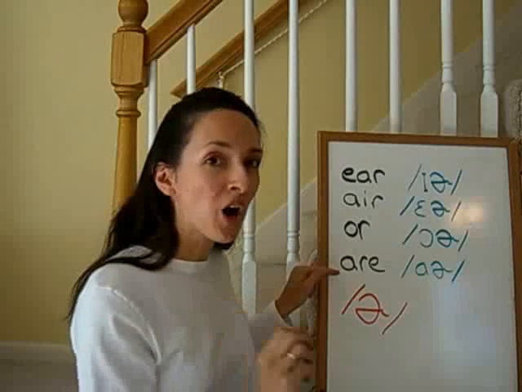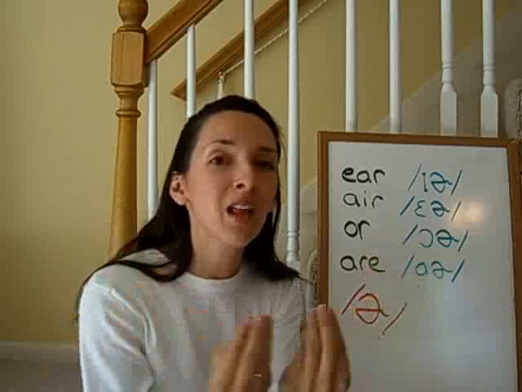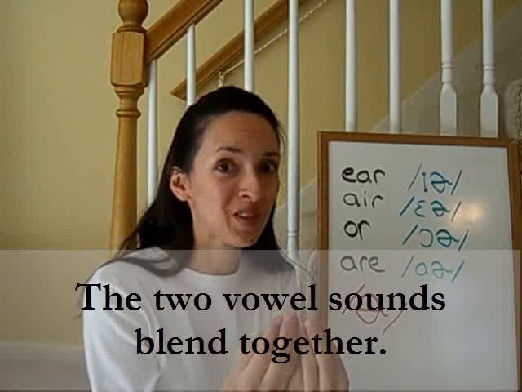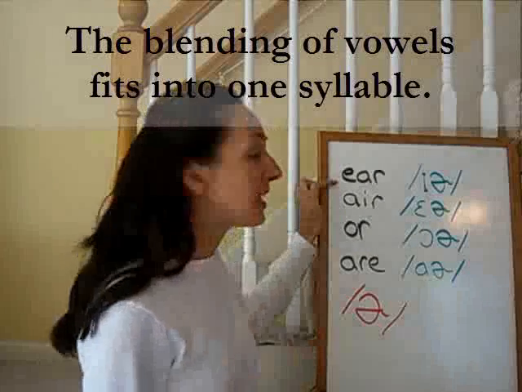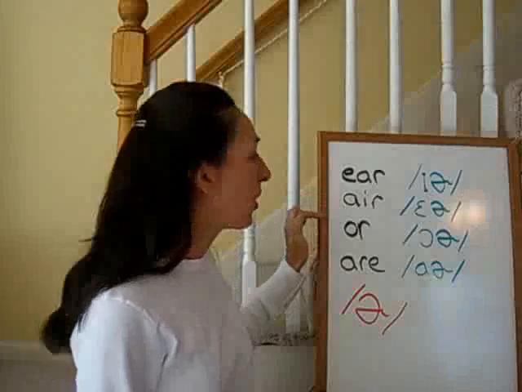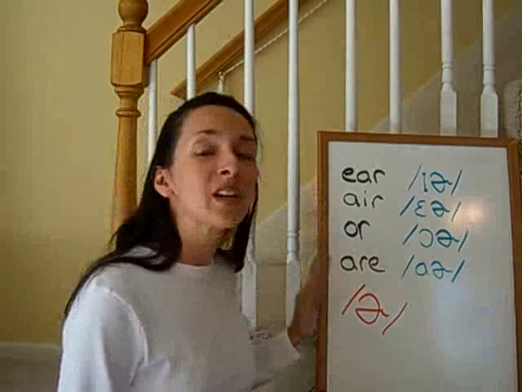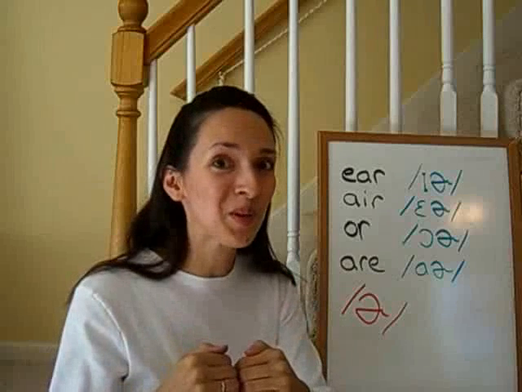Or, are. You actually have two vowel sounds that are gliding and blending into each other to make one vowel sound. These words are one syllable: ear, air, or, are. So in these words, the vowel sound must fit into one syllable.